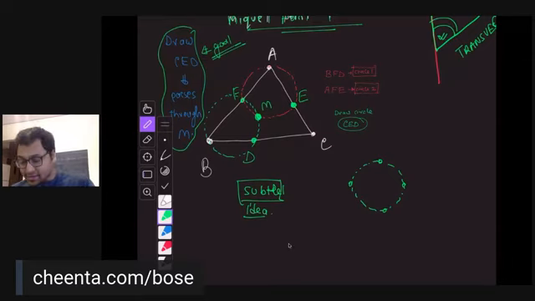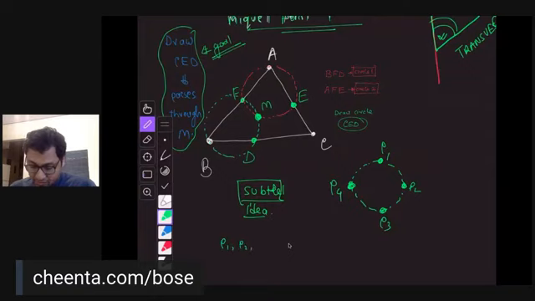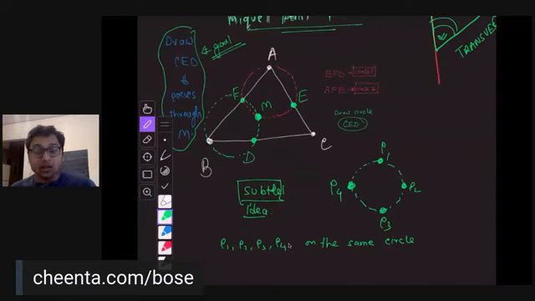When the 4 points P1, P2, P3, P4 lie on the same circle, they are called concyclic.